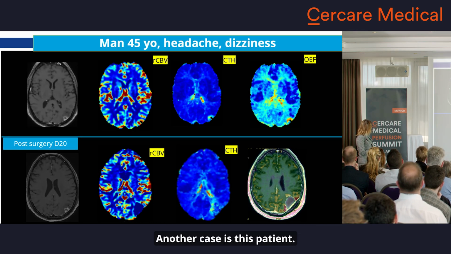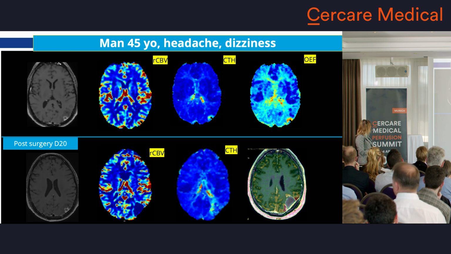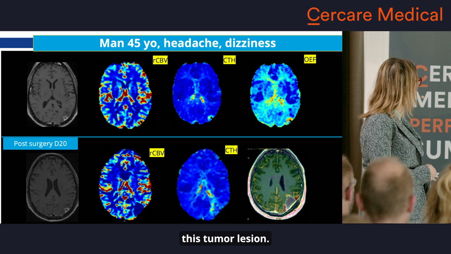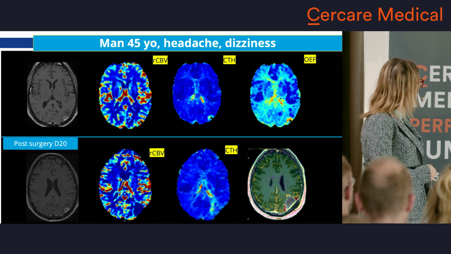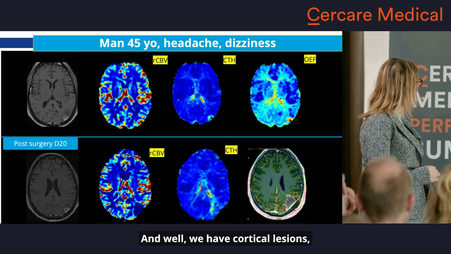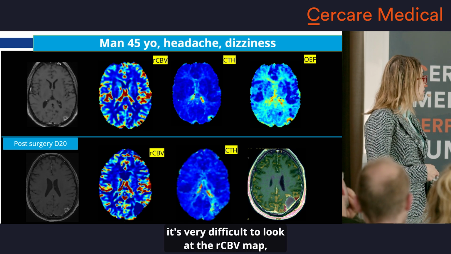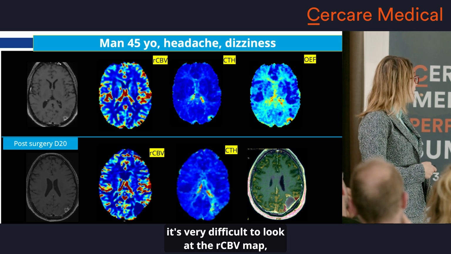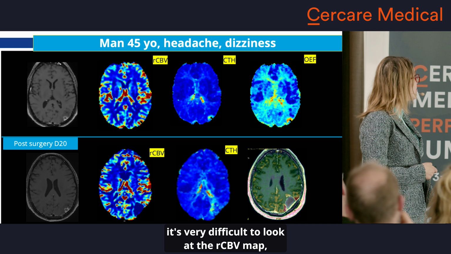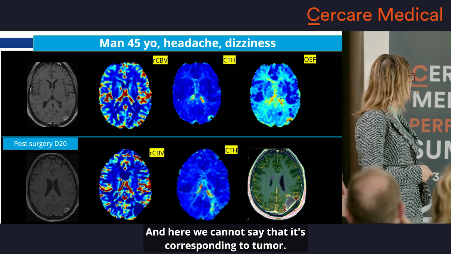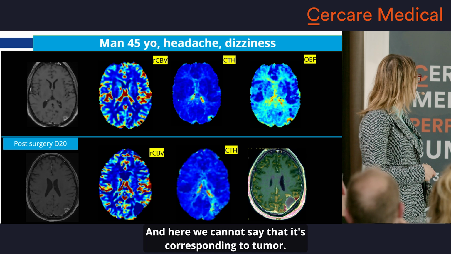Another case is this patient. So we discovered this tumor lesion with headache and dizziness. When we have cortical subcortical lesions, it's very difficult to look at the rCBV map because there are a lot of vessels, and here we cannot say that it corresponds to tumor.